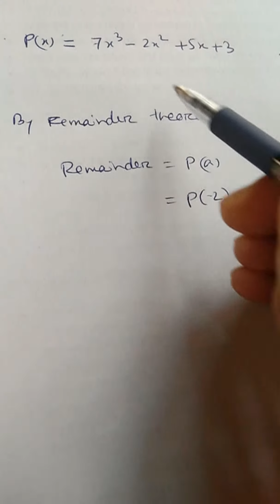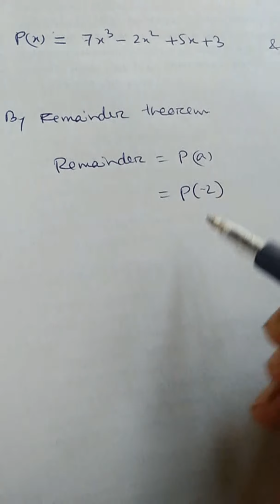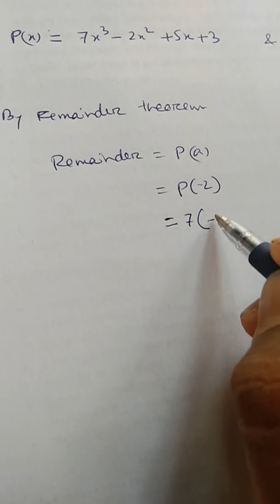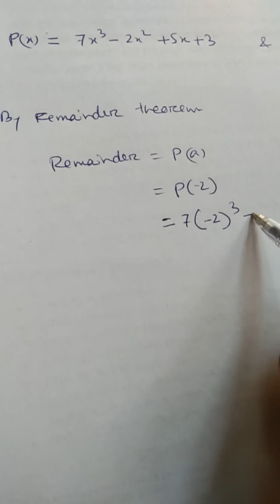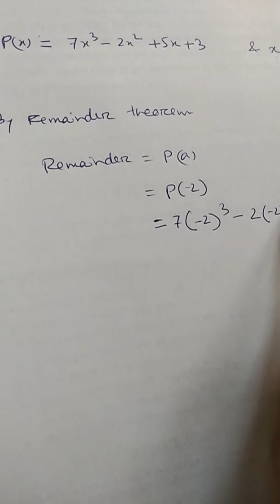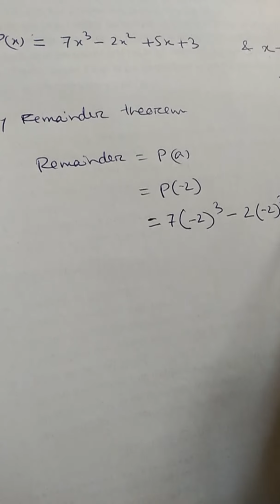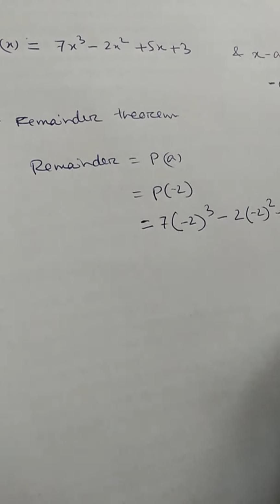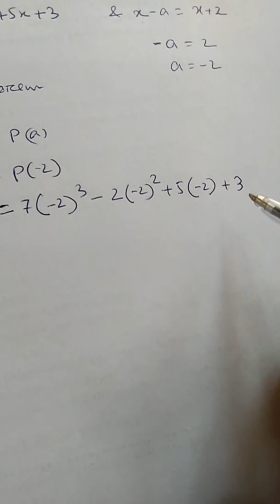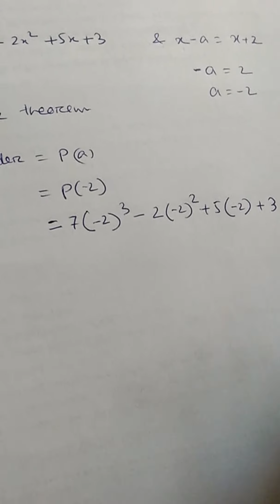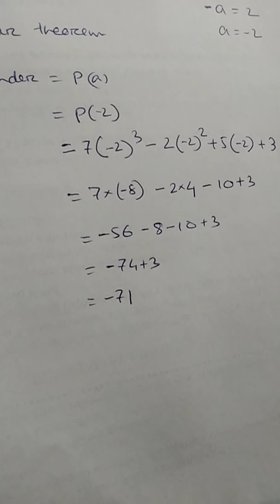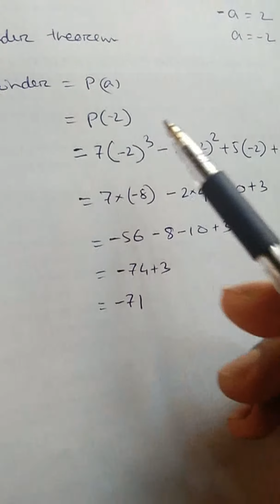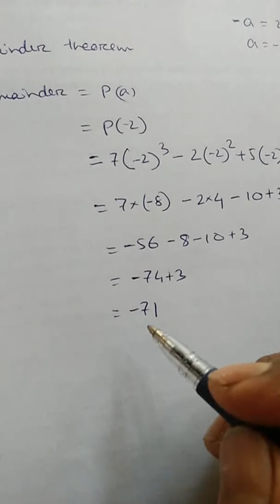Now this minus 2 will put here in place of x. So let us see, 7 into minus 2 cube minus 2 into minus 2 square plus 5 into minus 2 and plus 3 here. After simplifying, we can get p(minus 2) is minus 71.